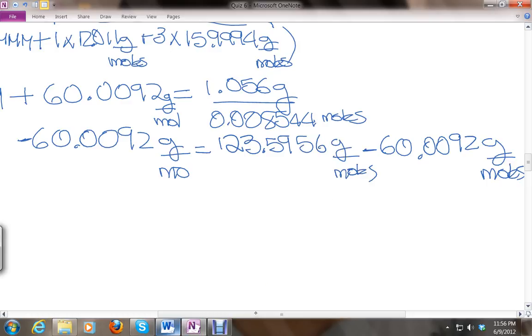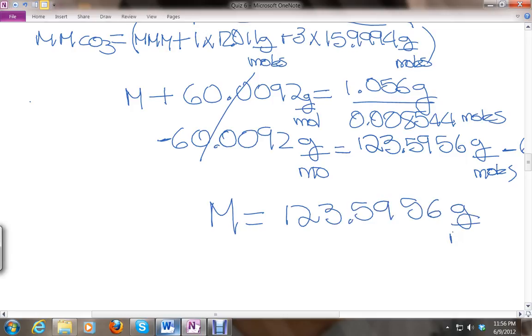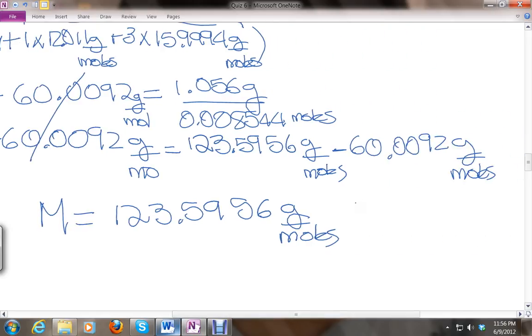So here, this is gone, and M is equal to 123.5956 grams per mole minus 60.0092 grams per mole.